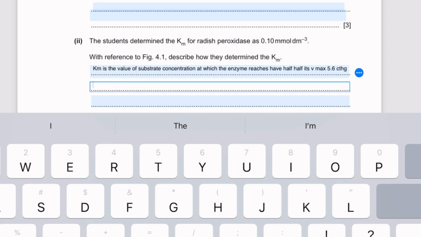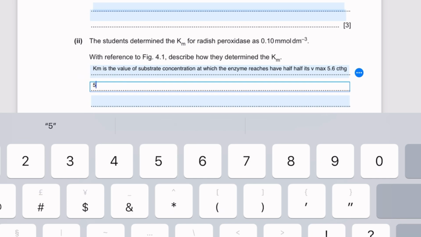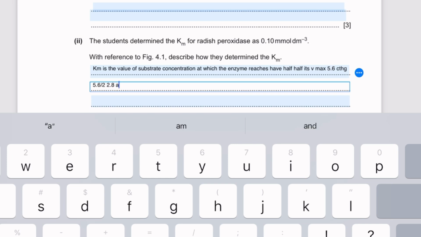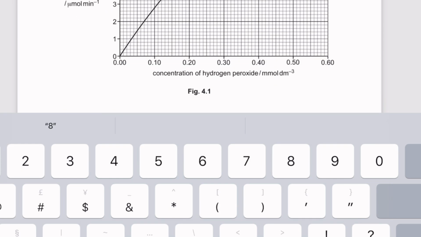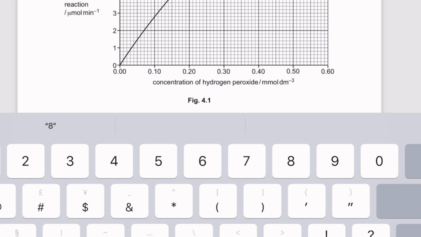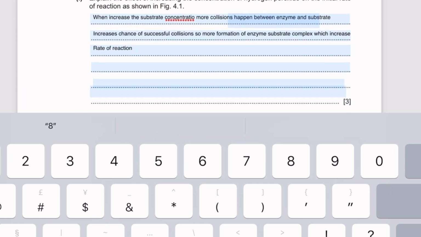So half of 5.6 is going to be, using your calculator, you could calculate that. So 5.6 divided by 2 is actually 2.8. You write your units again, and at 2.8, if we go to the substrate concentration, it's 0.1, okay?